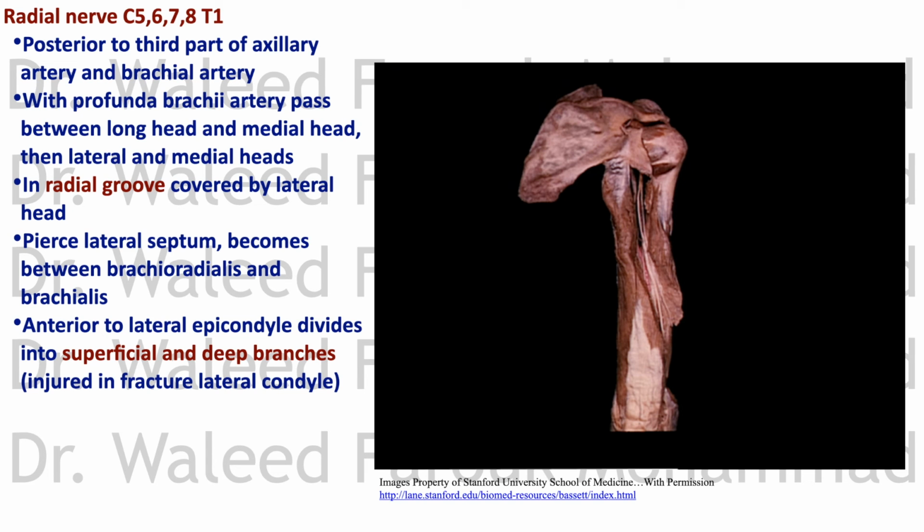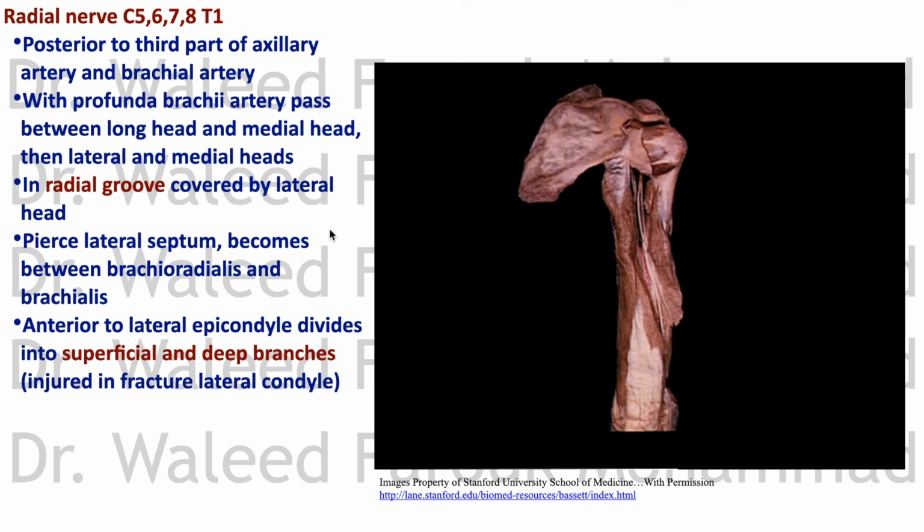The radial nerve, posterior to the third part of the axillary artery and brachial artery. It runs with the profunda brachii artery in the radial groove on the back of the humerus. Remember the radial groove? The radial groove itself is covered by the lateral head of the triceps muscle.